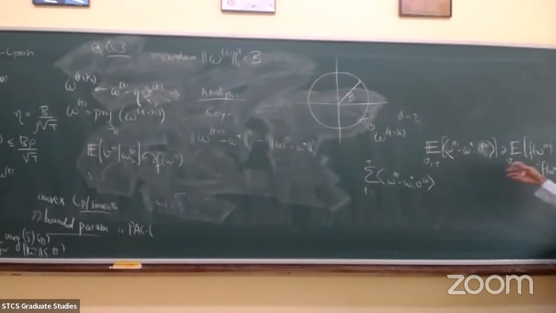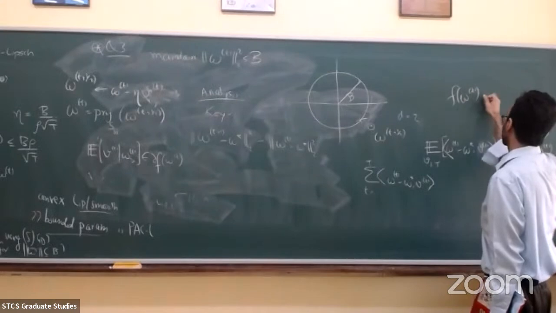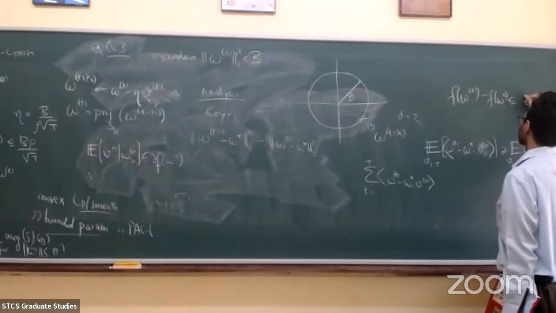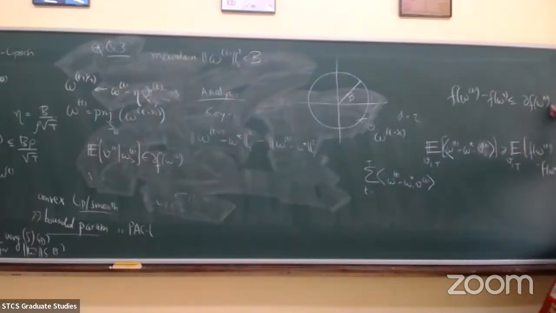This was the key thing. How had we gotten this? By convexity, we had shown that f of WT minus f of W star was at most the inner product with any subgradient like this.